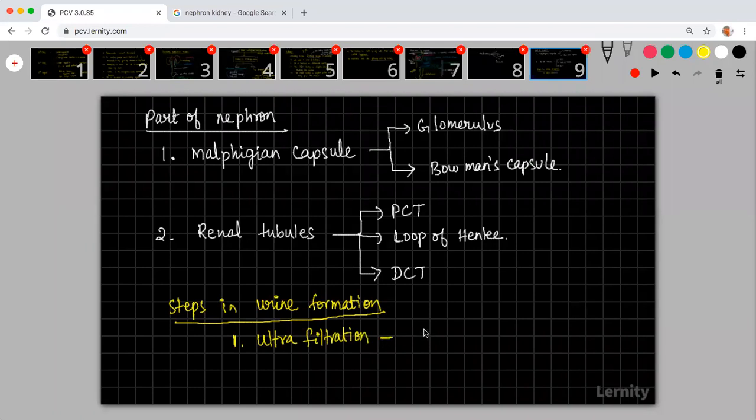What is ultrafiltration? Blood is filtered and sent to what? Blood is filtered by whom? By the glomerulus, and sent to Bowman's capsule.